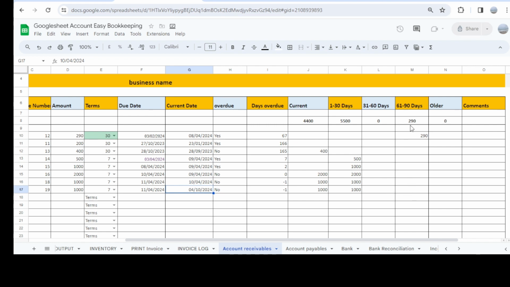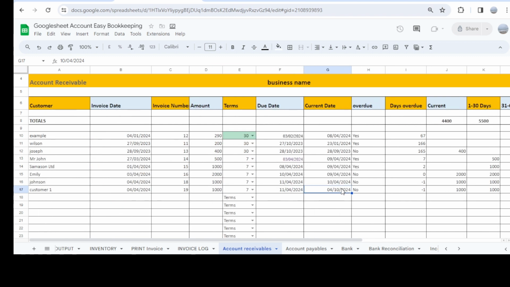And after those days, it will also get to older. And please note, when you are tracking your receivables, ensure that your customers pay you and do not let your debts get older, because there's the probability that the older your debts, they become bad debts and you have to let them go, and that is a loss for your business.